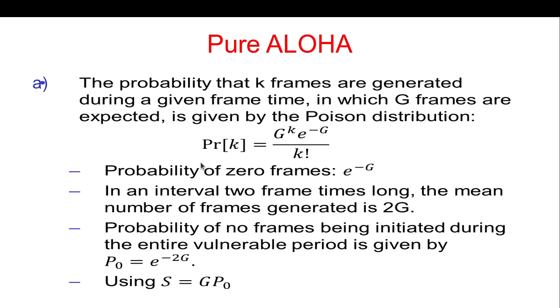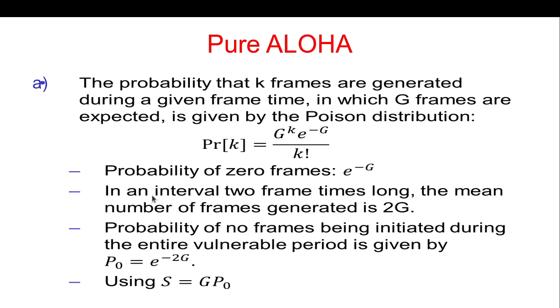We know that in that particular frame time, no other frame should be generated. So the probability of 0 frames generated can be calculated by putting k equal to 0. So g raised to 0 will be 1 and 0 factorial will be 1. So the probability that 0 frames will be generated is simply e raised to minus g.